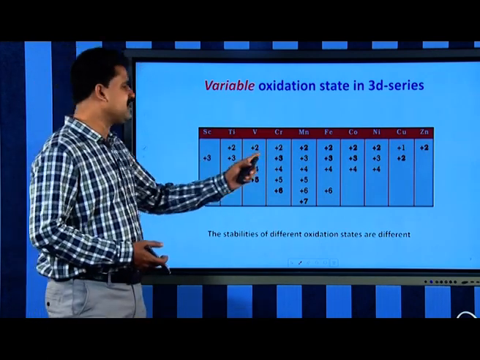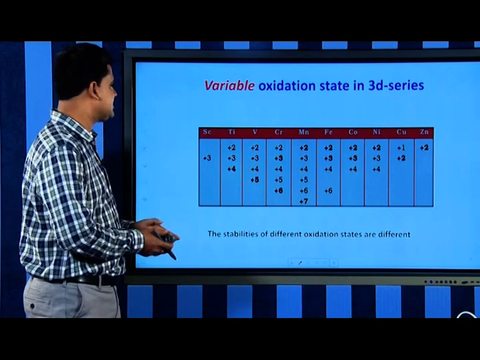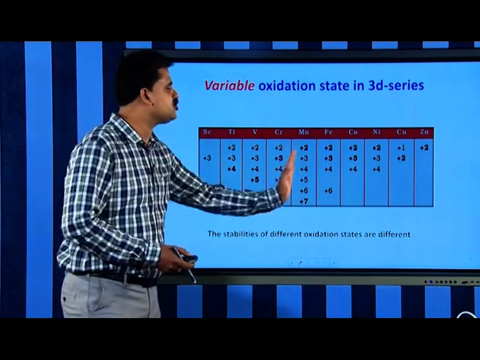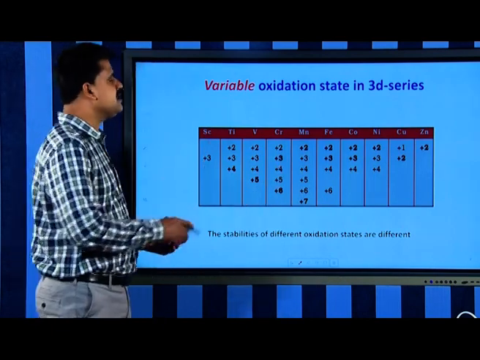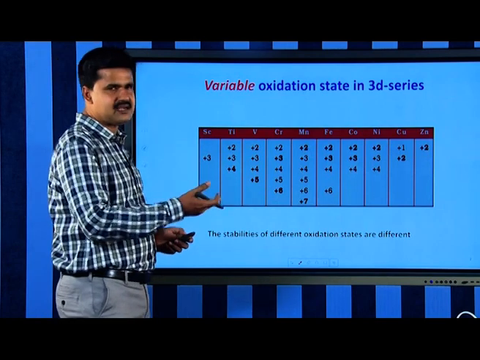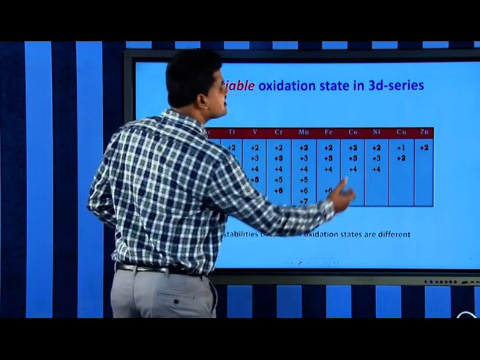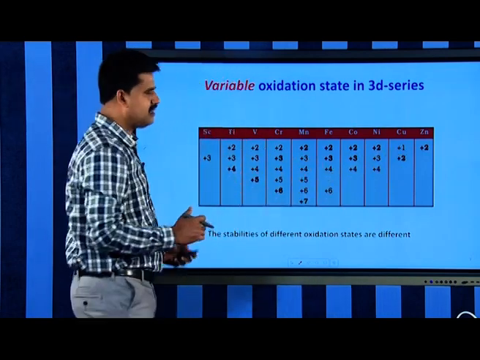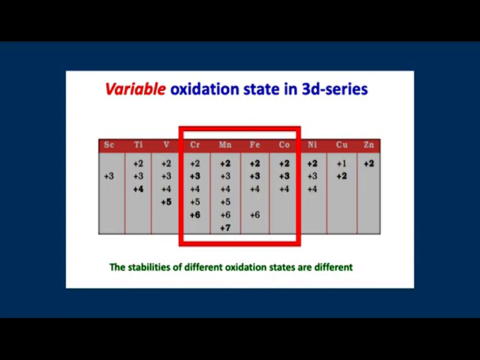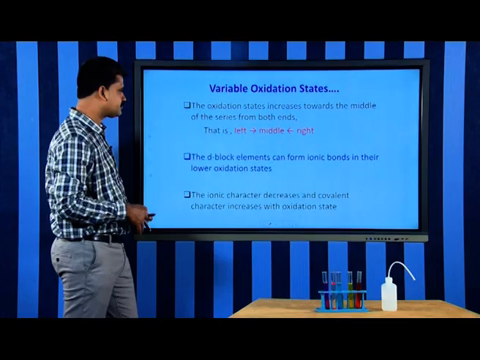The possibility of different oxidation states increases from left to the middle. At the same time, it also increases from right to middle. That is, the middle part elements, chromium, manganese and iron, show maximum different oxidation states.